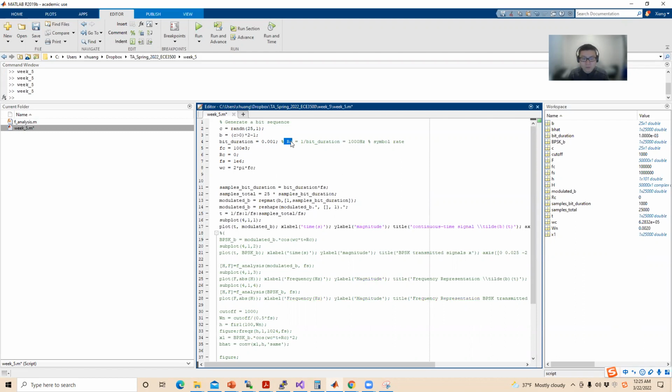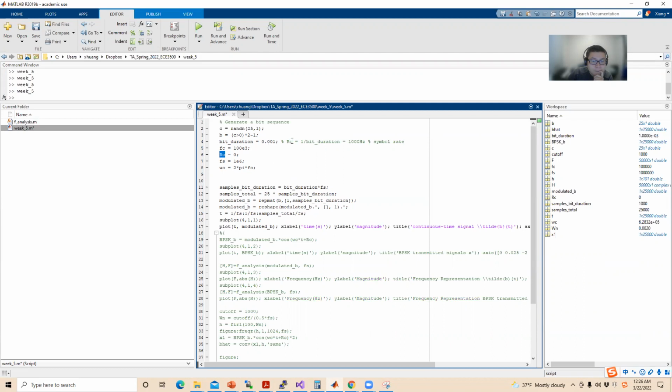It's 1 over bit duration, so RS should be 1000 hertz. For other parts, I think you should be familiar with this. FC is the carrier frequency.